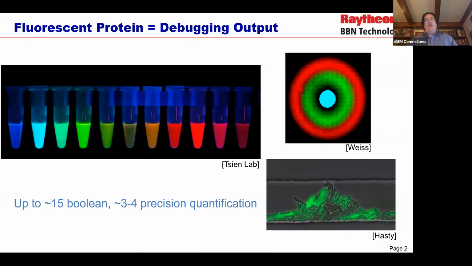At this point, there are a whole rainbow of different fluorescent proteins out there, and they've been used for a number of the very classic results in synthetic biology. Examples of that include, over on the right, the band detector from the Weiss lab and the repressilator.